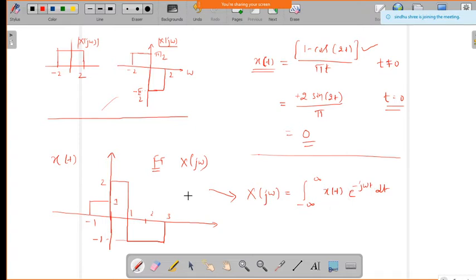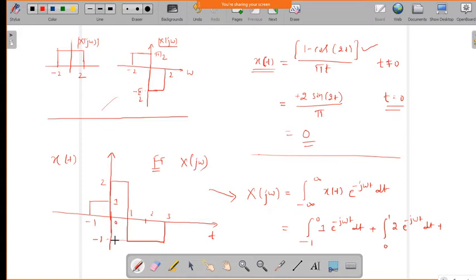Now, where x of t exists, we write the amplitude values between the limits. From minus 1 to 0 the amplitude is 1, into e power minus j omega t dt, plus from 0 to 1 the value is 2, into e power minus j omega t dt, plus from 1 to 3 the value is minus 1, into e power minus j omega t dt. So this is the Fourier transform.